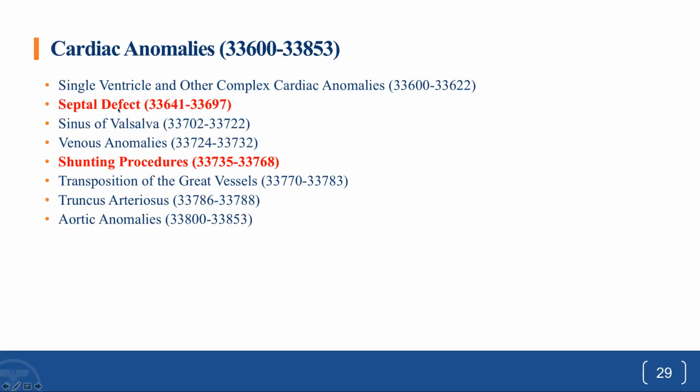Okay. Those are cardiac anomalies. The only 2 you need to be concerned about here are your septal defects, which is CPT code 33641, on page 209. Septal defects, those are repairs.